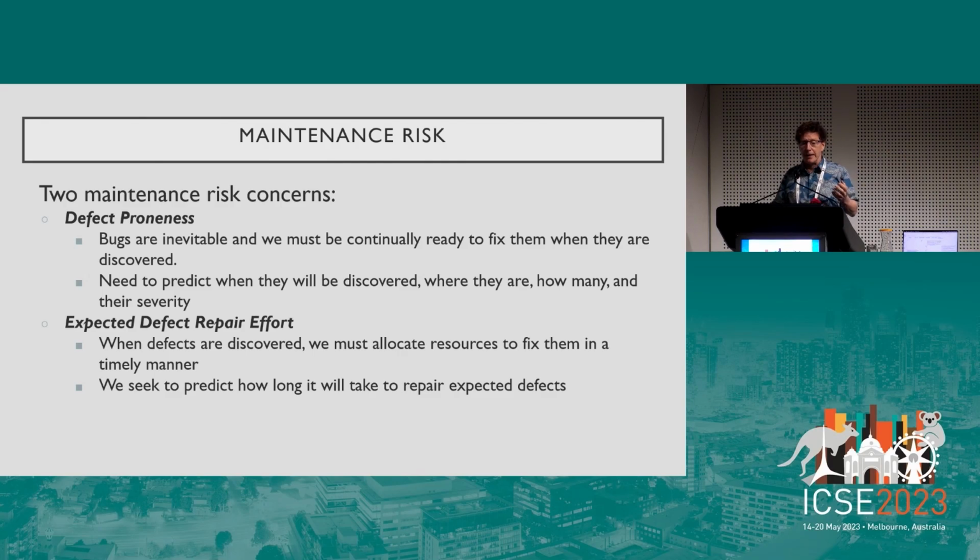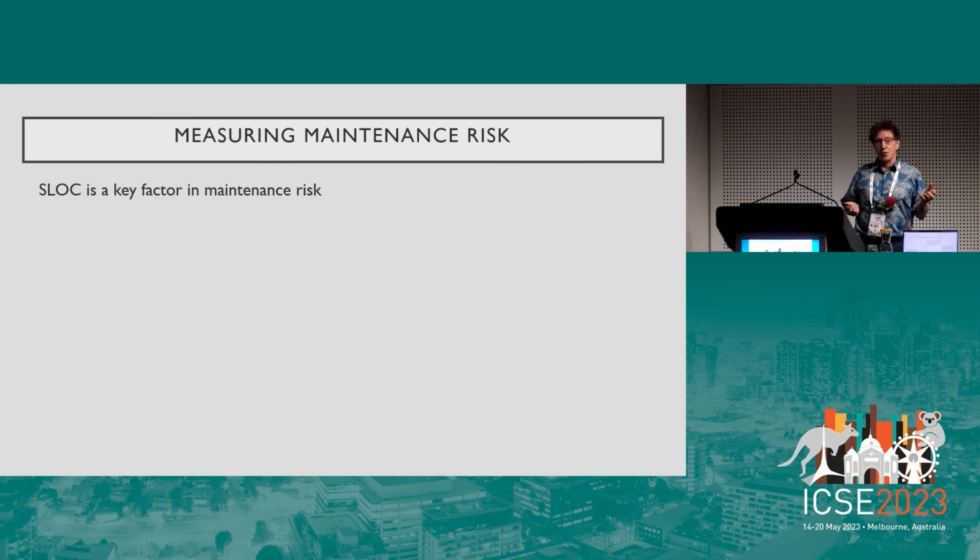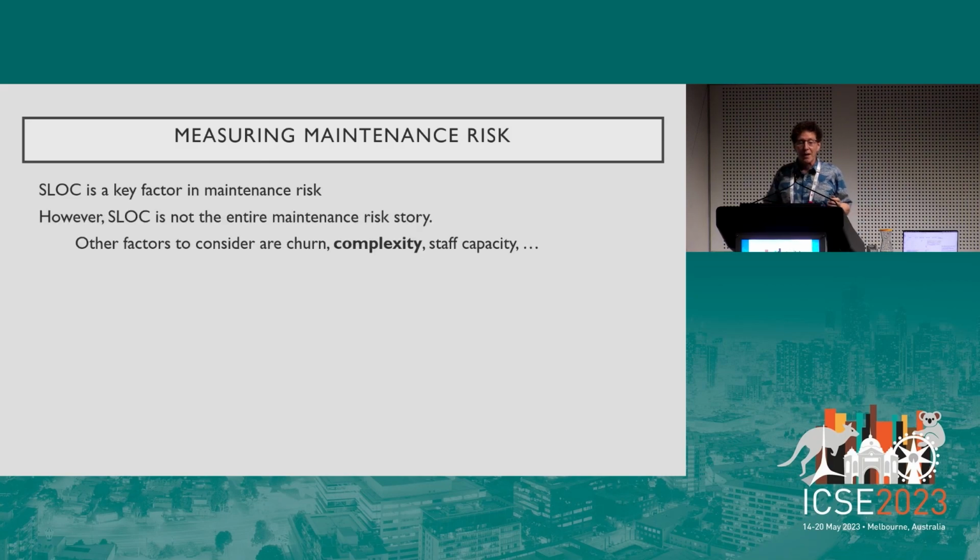And so there's this program that NASA has instituted to measure maintenance risk. Right now, a lot of maintenance risk is assessed by looking at lines of code. Big files are bad, right? We all know this. But there's a problem with just looking at lines of code.